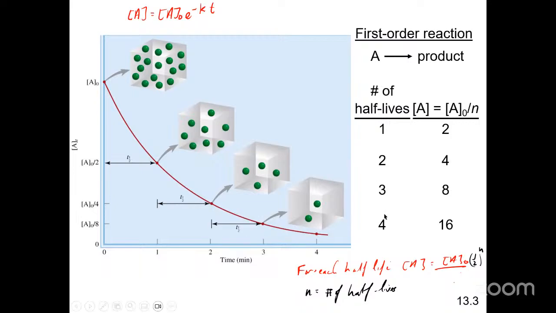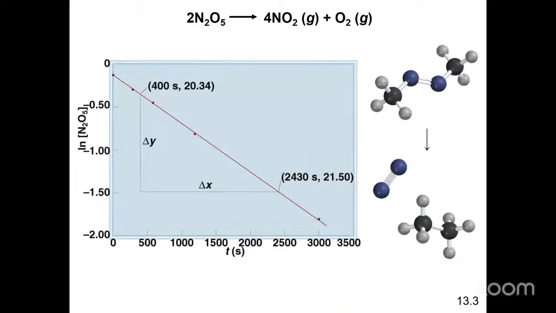Now, another consequence of this equation, and this is a graphical consequence, I should mention, is seen when you arrange the equation to get a more linear expression. So let me show you how that is done.